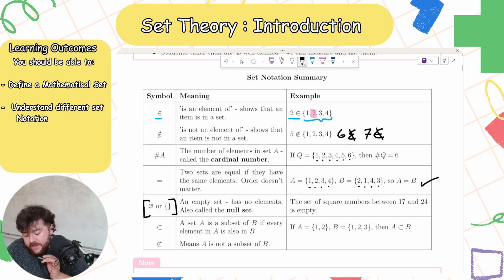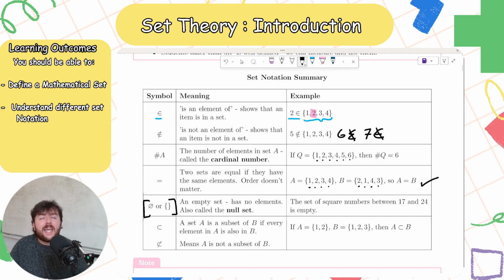So the set of square numbers between 17 and 24. A square number is just something that can be written as something squared. So for example, 4 can be written as 2 squared. 16 can be written as 4 squared. The next square number is 25, which is 5 squared, 5 times 5. So there are no square numbers that exist between 17 and 24.